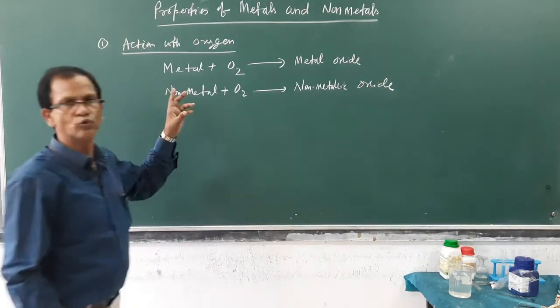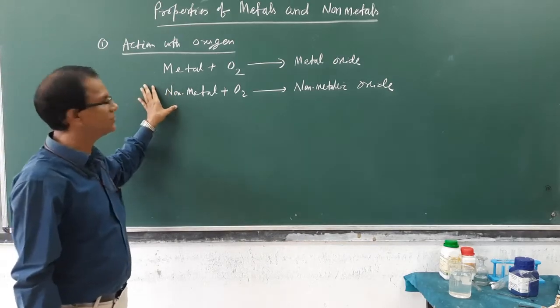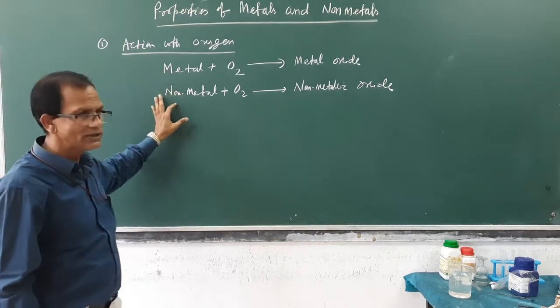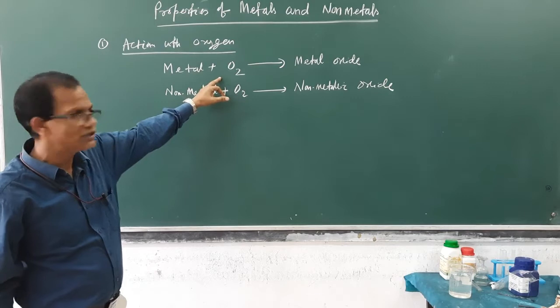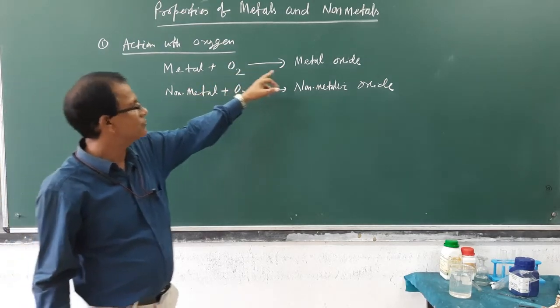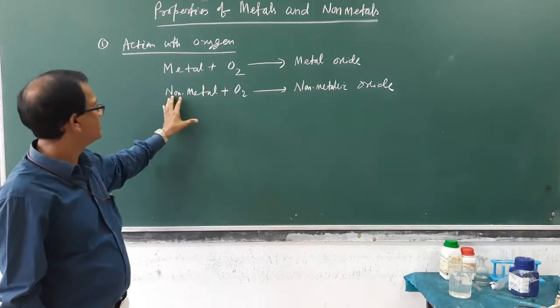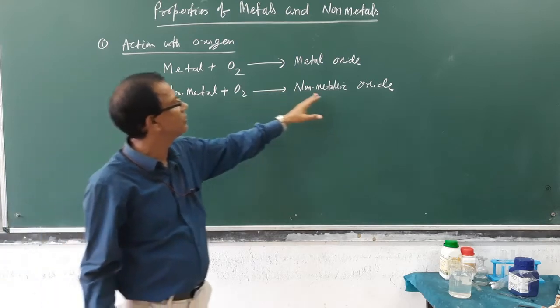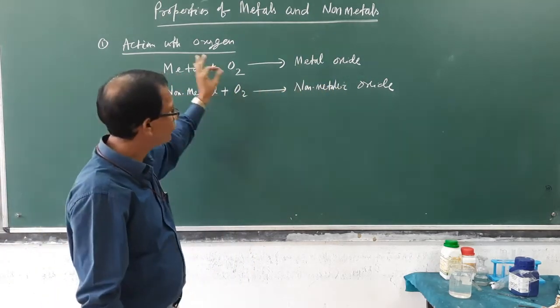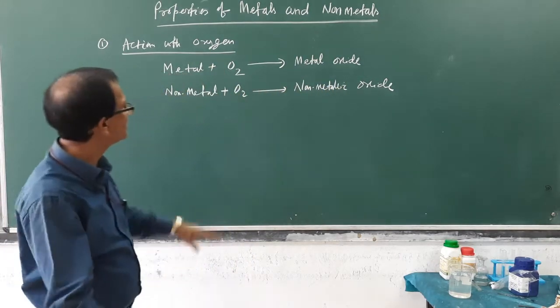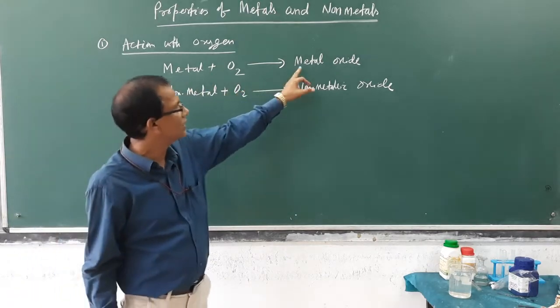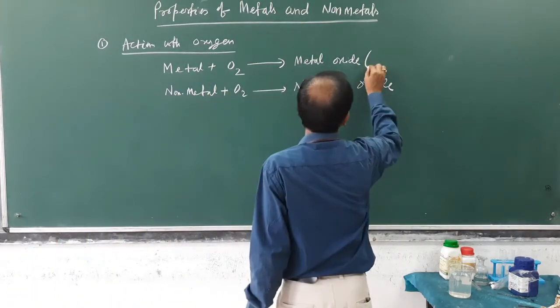These are the two important differences between metals and non-metals: metal with oxygen produces metal oxides and non-metal with oxygen produces non-metallic oxides. That means both produce oxides. But what is the nature of metal oxides? Pure metal oxides are generally basic.